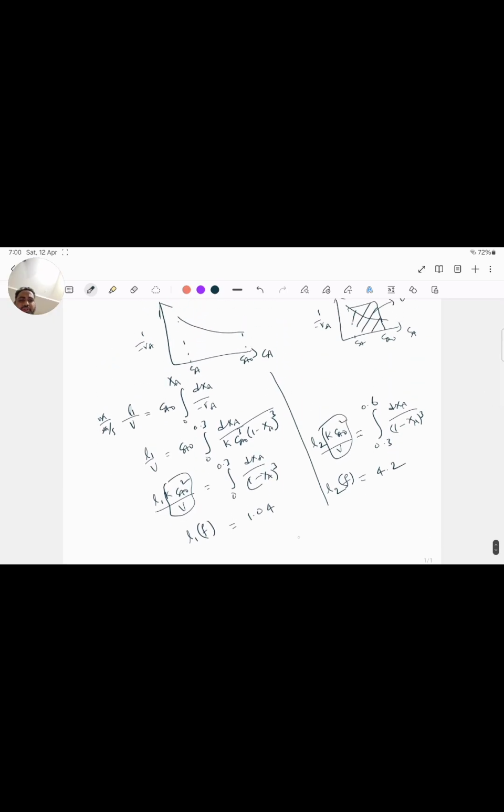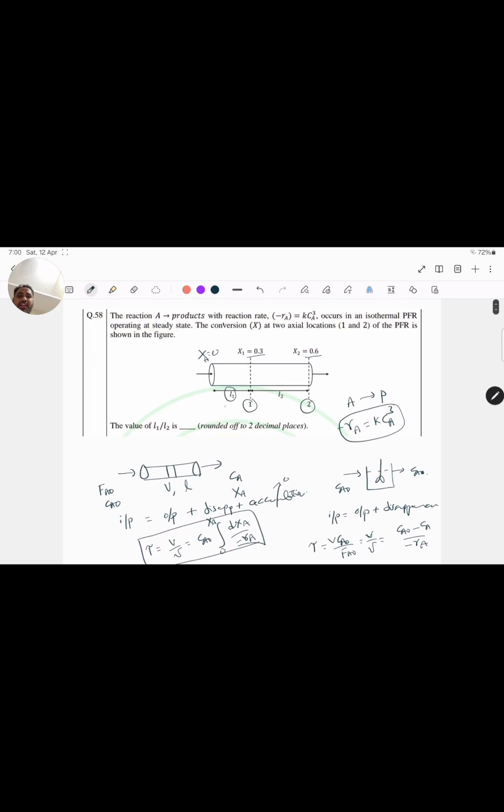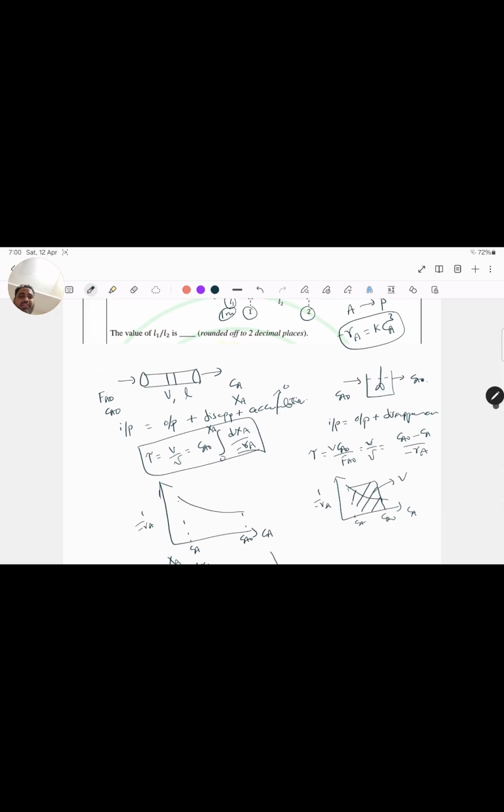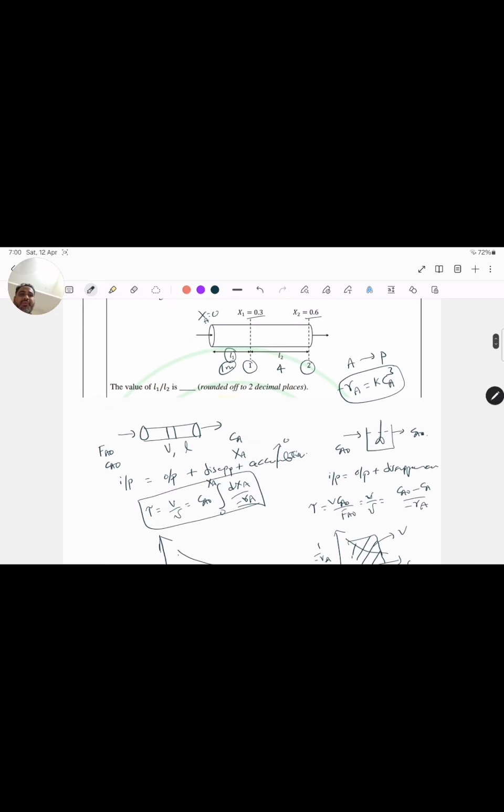Now I am going to divide these two equations. I get L1 by L2 equal to 1.04 divided by 4.2, which is approximately 0.24. This is the final answer for this question. So L1 is approximately 1 meter, and L2 is approximately 4 meters.